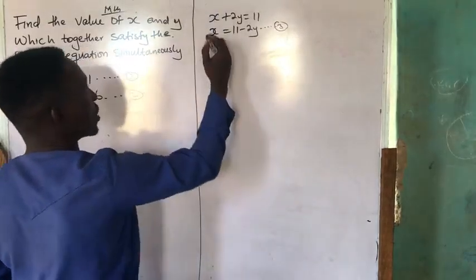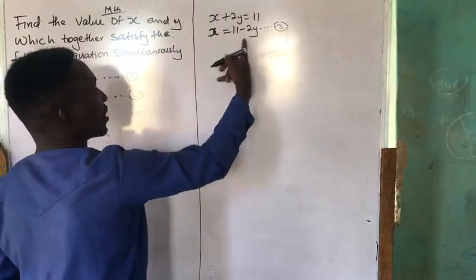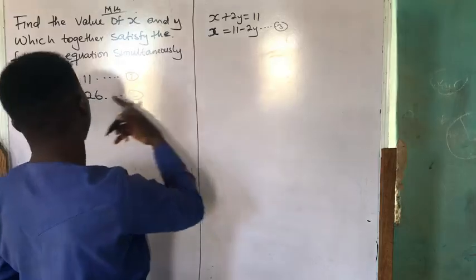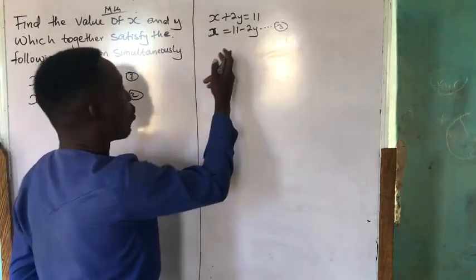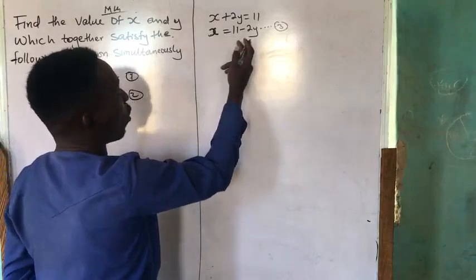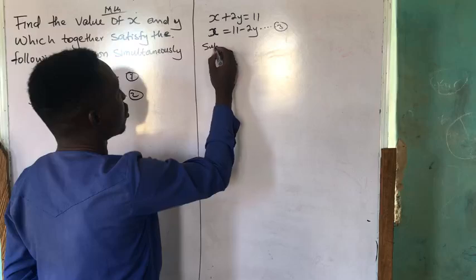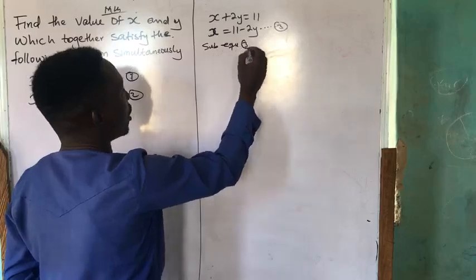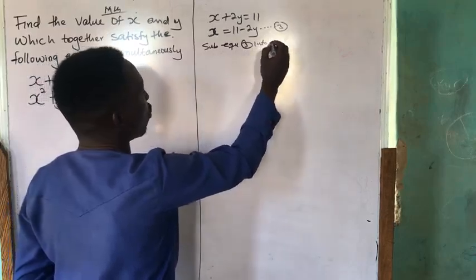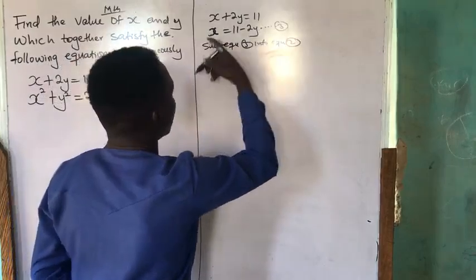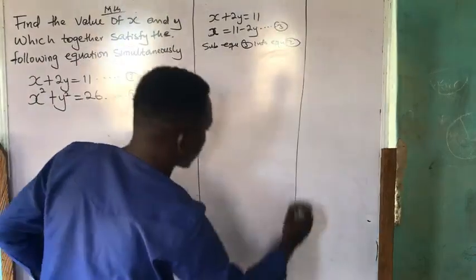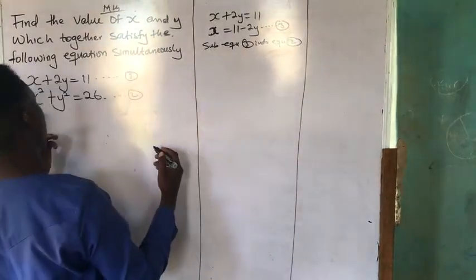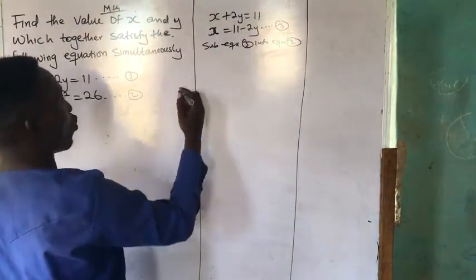Now what I'm going to do is substitute x is equal to 11 minus 2y into equation 2, or I just say substitute equation 3 into equation 2. That means anywhere that I see x, I'm going to put 11 minus 2y there.